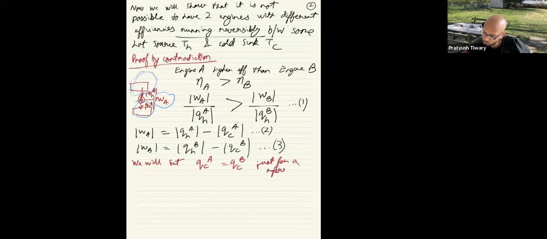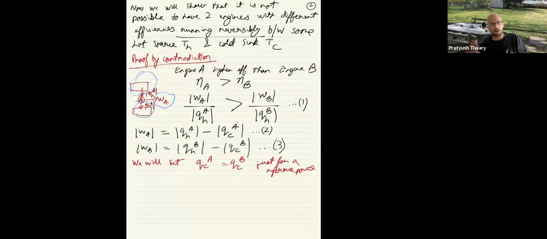So we have two engines, both of them taking some amount of heat from a hot source and dissipating heat to the cold sink. And we want to show that they cannot be doing different amounts of work.